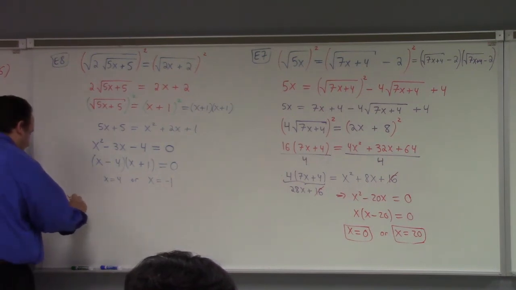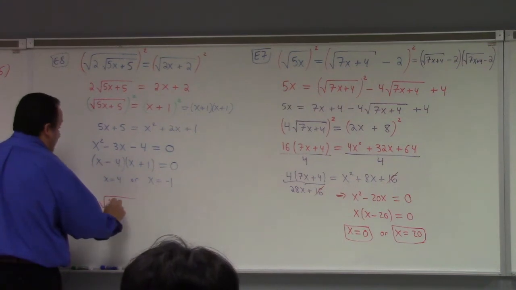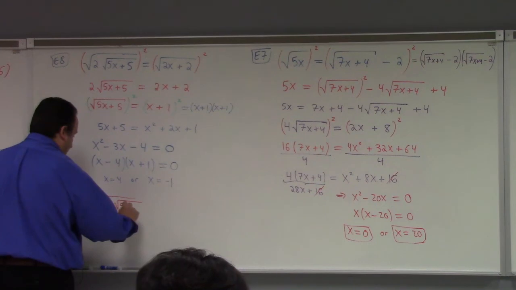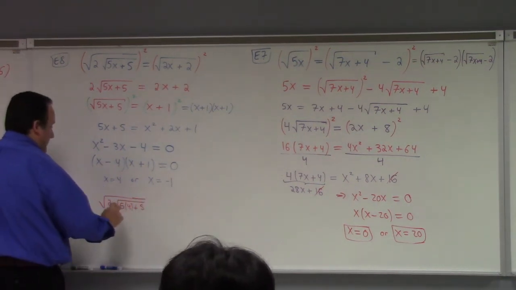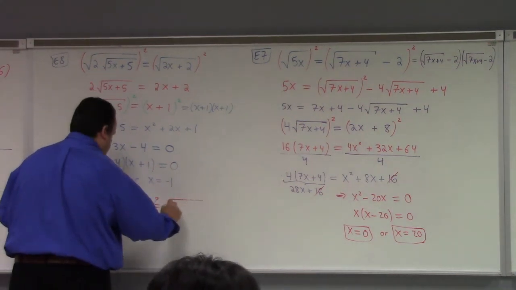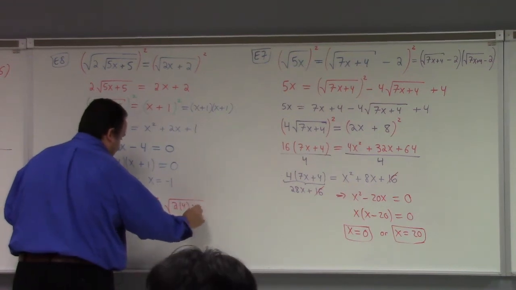x equals 4. Let's check our answers. We've got the square root of 2 times the square root of 5 times 4 plus 5. Is that equal to the square root of 2 times 4 plus 2?